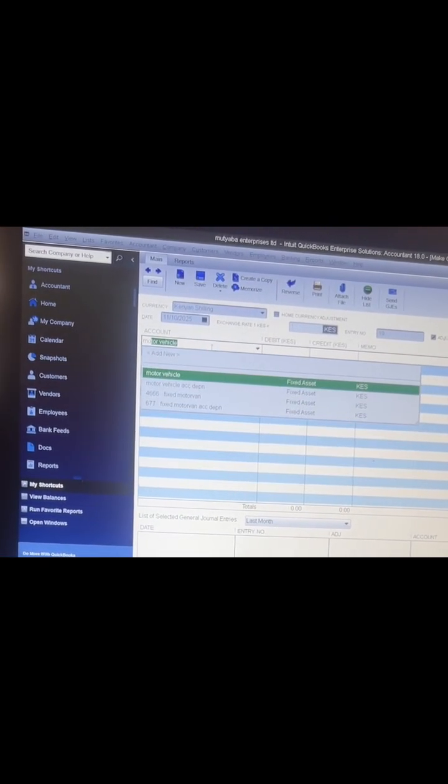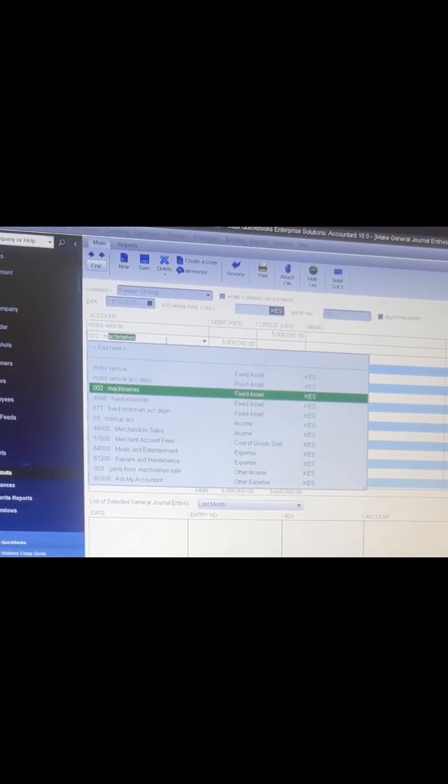That is the motor vehicle account, the accumulated depreciation motor vehicle account, and then also the drawing. So let's put motor vehicle. We are going to credit it since it's being removed from the business. Put 5M.